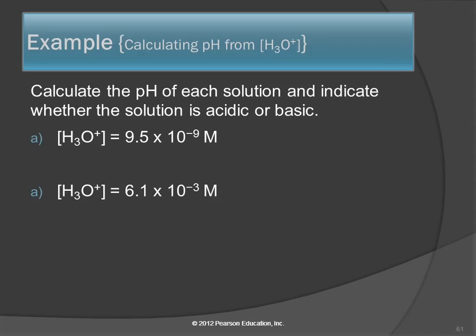Well, what does pH equal? pH equals the negative base 10 log of the hydrogen ion concentration, which here is 9.5 times 10 to the minus 9. So we're going to put this in 9.5 EE minus 9. Press the log button, change the sign.